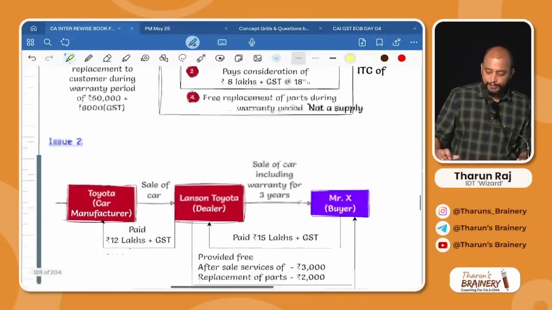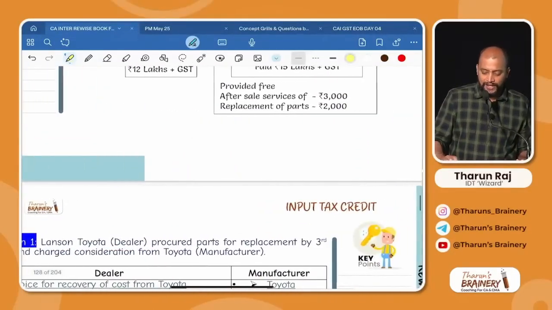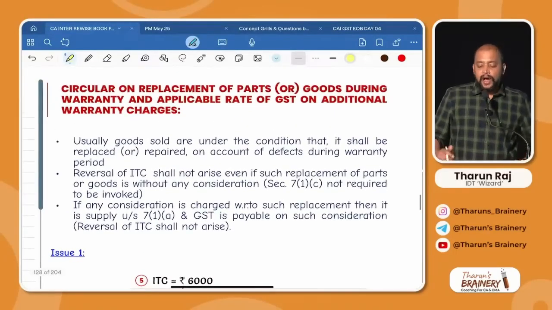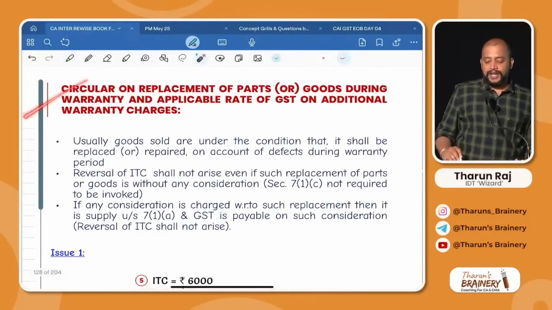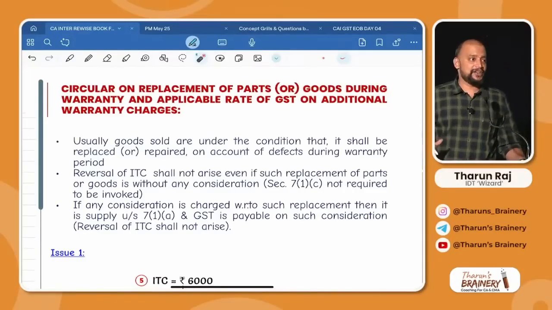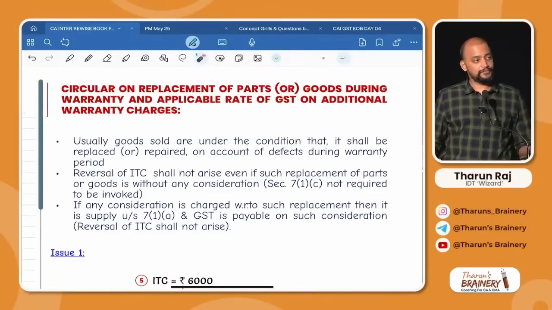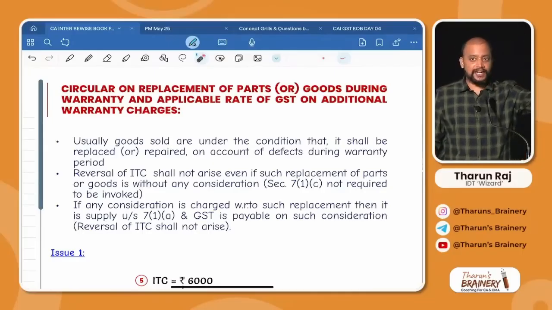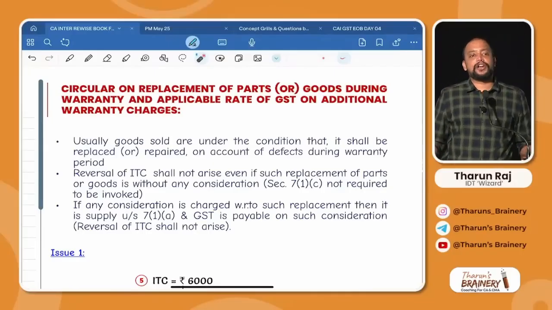Okay. Come back to page 116. Already we discussed the circular on replacement of parts during warranty, and we are just discussing the additional information. Correct, very good. One more point also add. Time limit for closing stock.